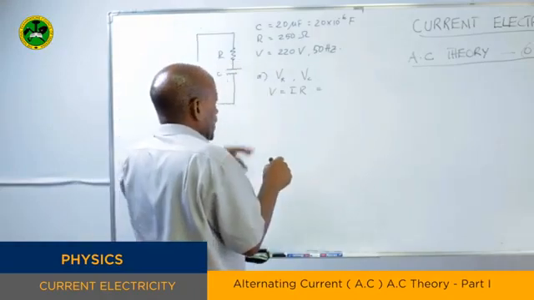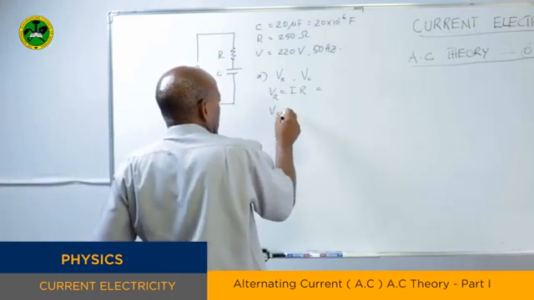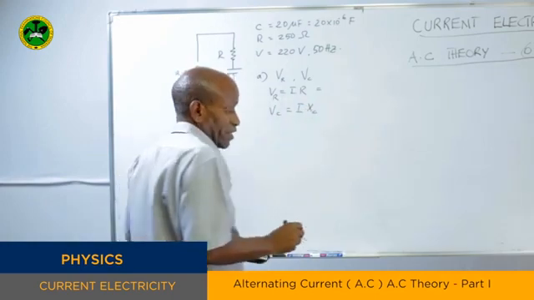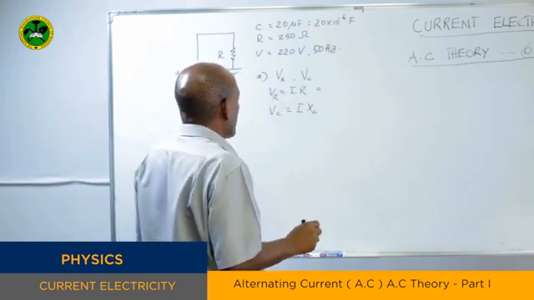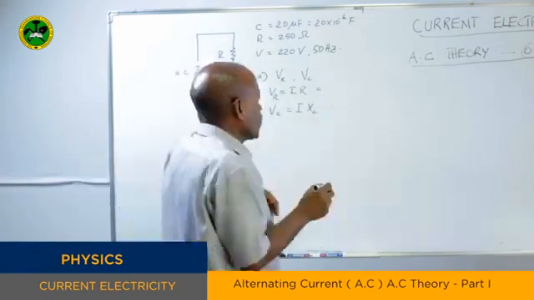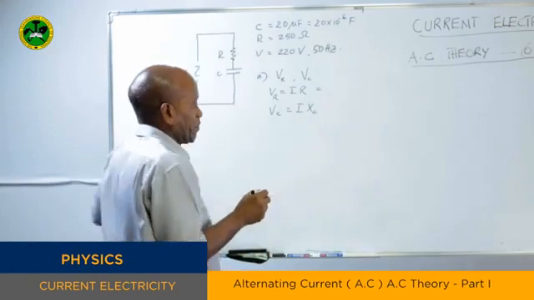And the voltage across a capacitor will just be equal to I times the capacitive reactance. So first of all, we need to obtain the actual current. To obtain the actual current flowing through the circuit, we need to know about the impedance.